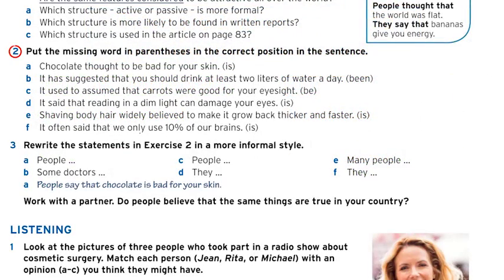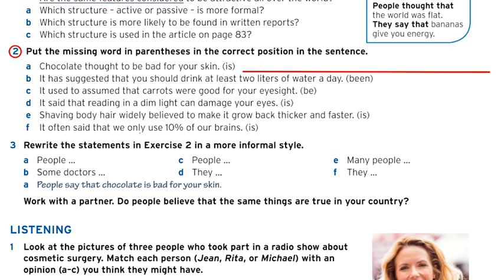It just says, put the missing word in parentheses in the correct position in the sentence. So we have this sentence which is incomplete. It is missing one single word, which is be. So for example, we have chocolate thought to be bad for your skin. This is pretty easy because over here we have the verb in past participle, but we're missing the verb be.